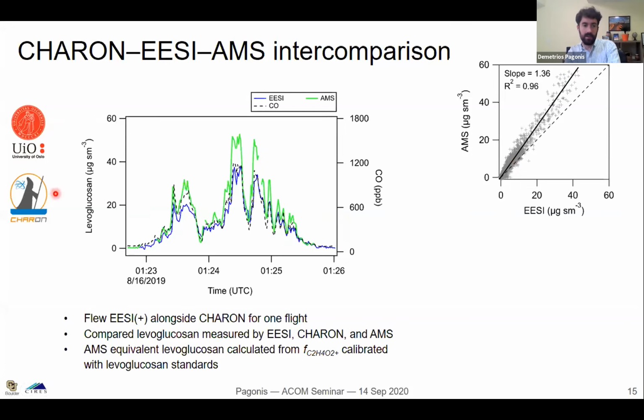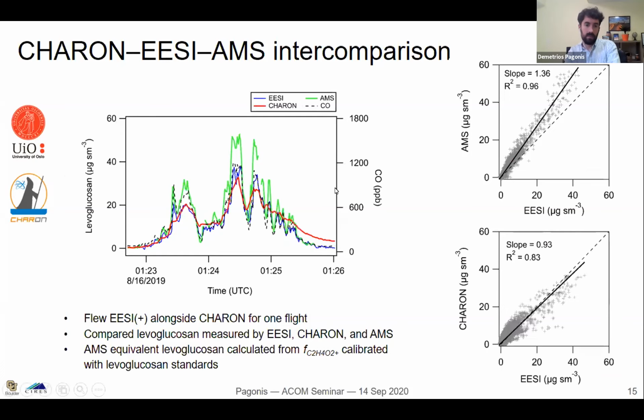And for the Sheridan instrument, this is a proton transfer mass spectrometry technique where aerosol is enriched relative to the gas phase and then vaporized and ionized inside of a PTRMS. And when we overlay this here with the EESI, we get very good quantitative agreement. And so our regression slope on 1 Hertz data for this entire flight where the Sheridan was on board is 0.93. And quite a bit of this scatter that we have is just driven by the difference in time response between the 2 instruments.